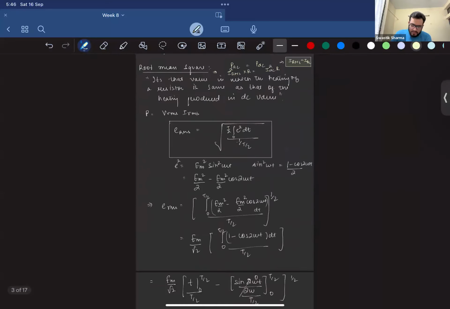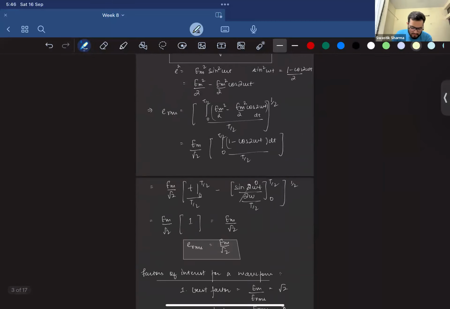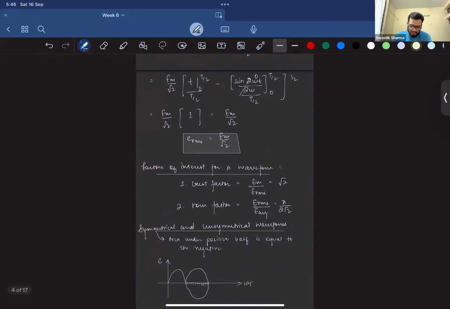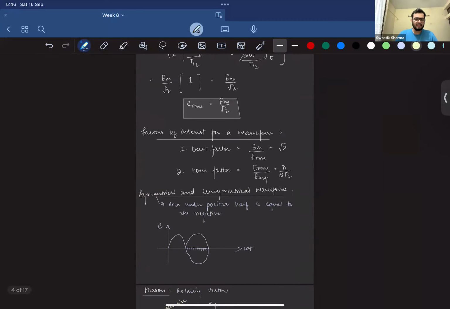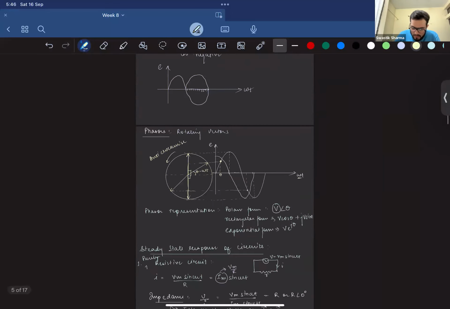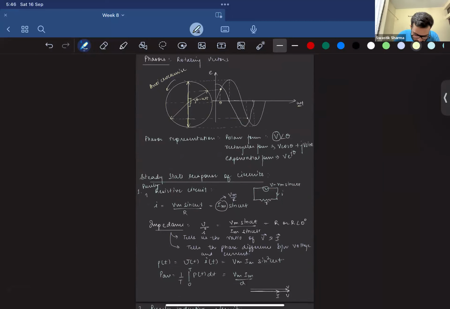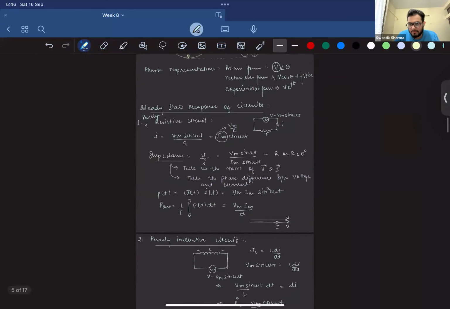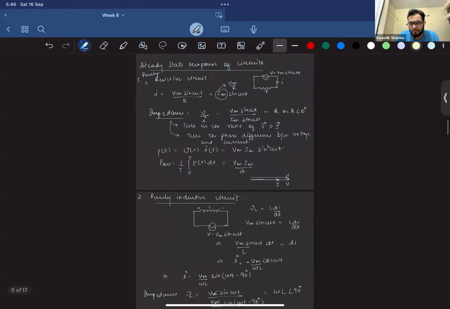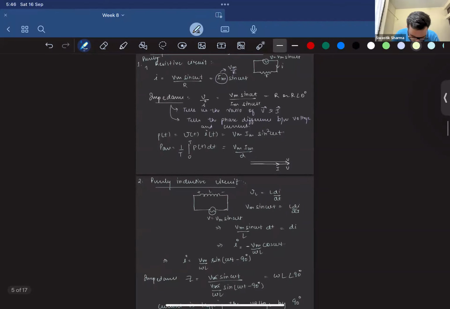So we found out how to calculate RMS values of certain waveforms. Then we discussed some factors of interest for a waveform, which are peak factor and form factor, and then how symmetrical and unsymmetrical waveforms come into the picture, and phasors, which are rotating vectors. Then we did the steady state response of circuits which were R, L, and C individually, and then we discussed RL only, and I told you to see RC yourself.